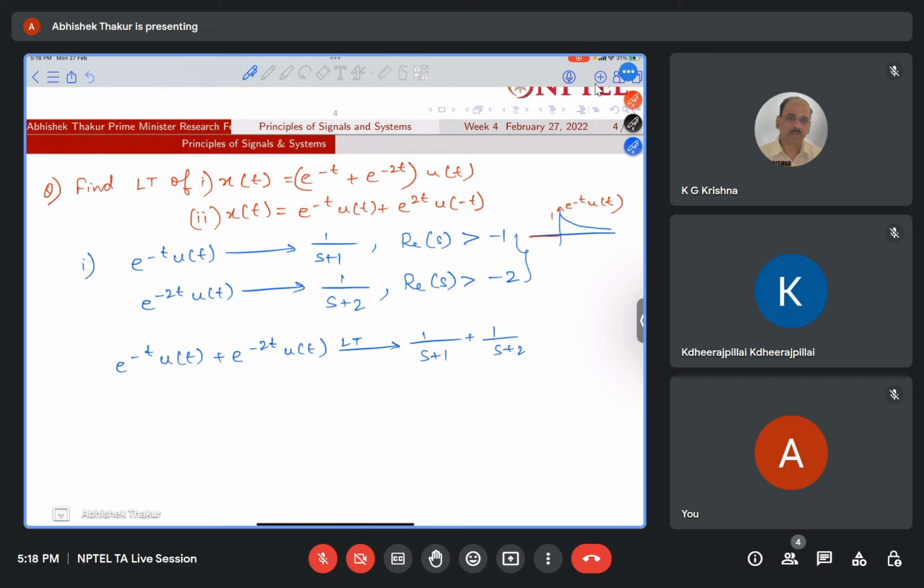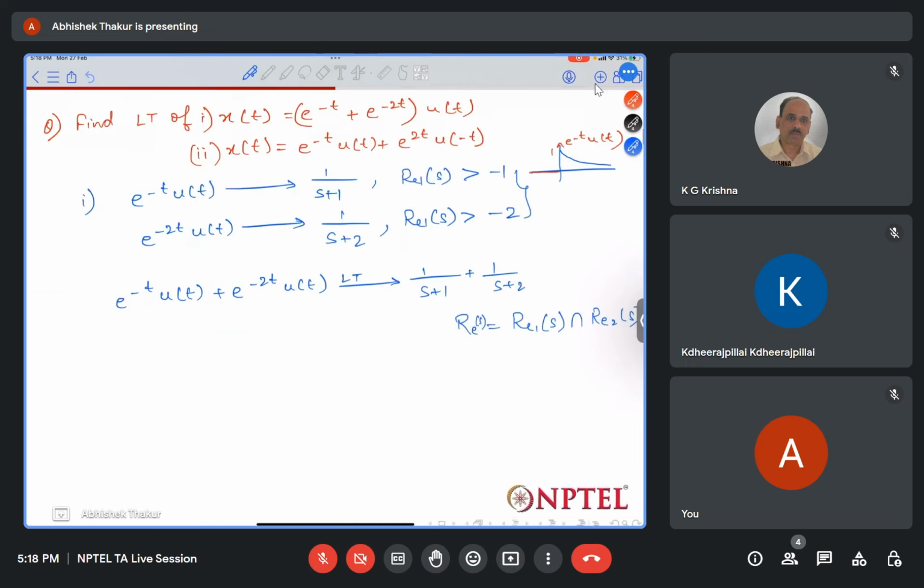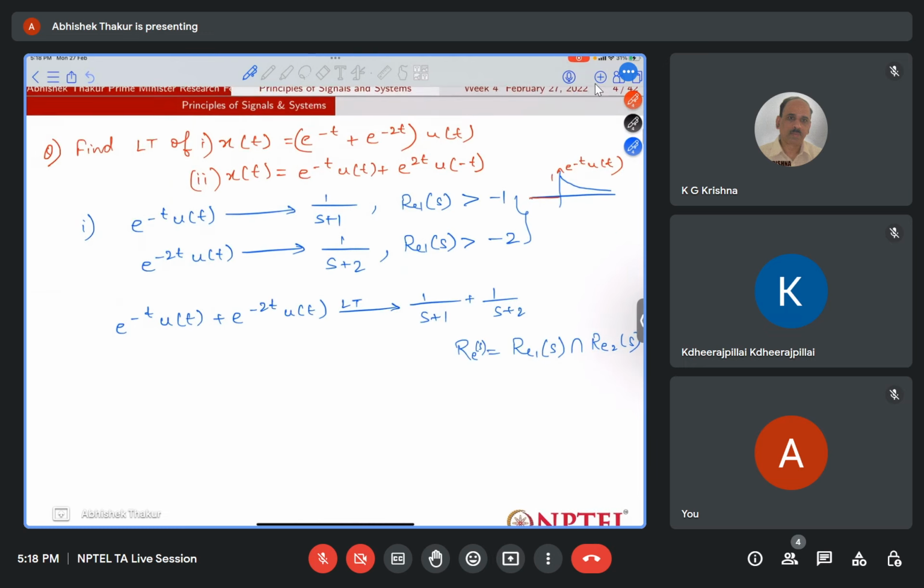So the region of convergence of this x(t) will be the intersection of the regions of convergence of both signals.